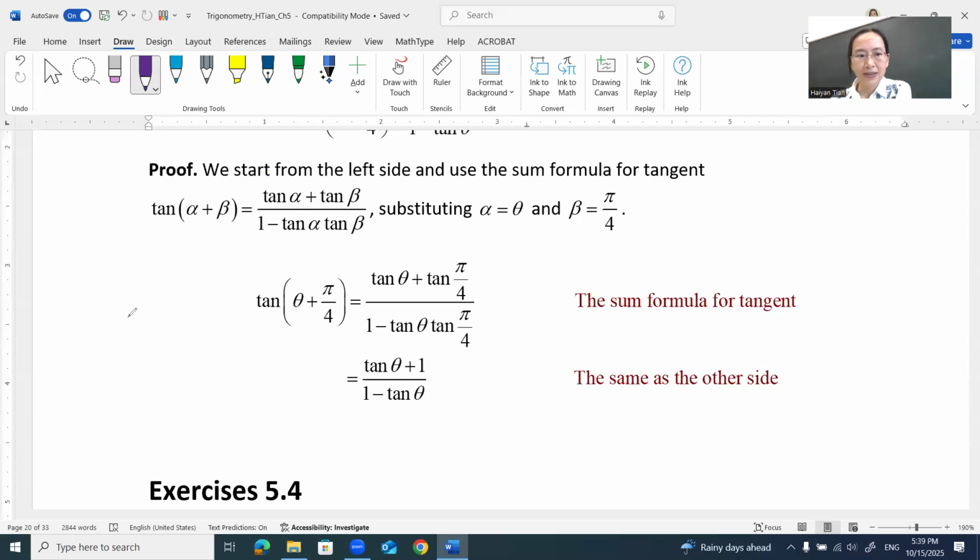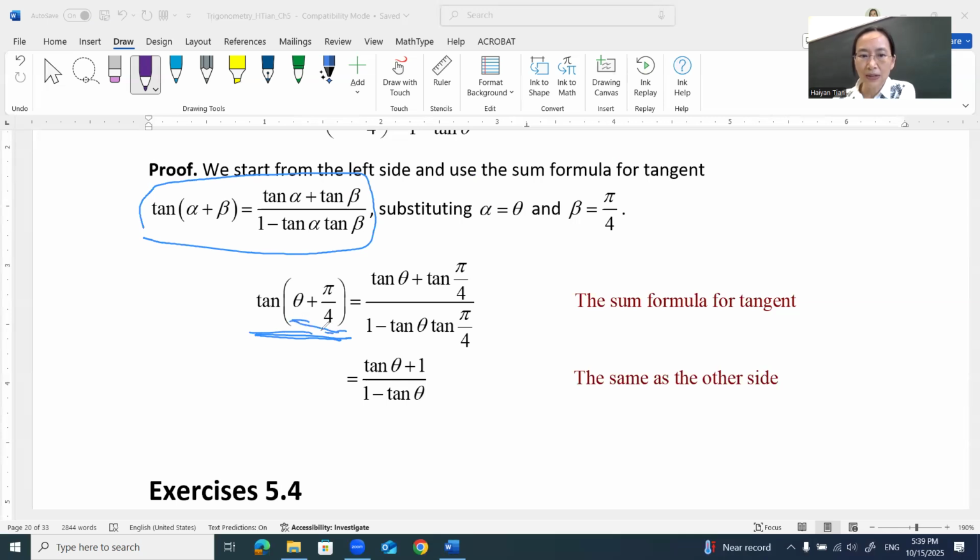So that is a quick look at this formula. We try to apply it to this situation. In this situation, you see this is a sum of two angles, right? Just apply the sum formula for tangent. So we apply, we get this immediately.